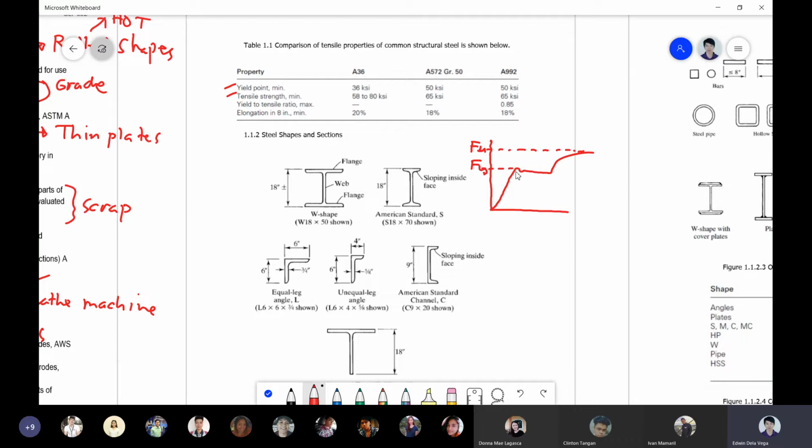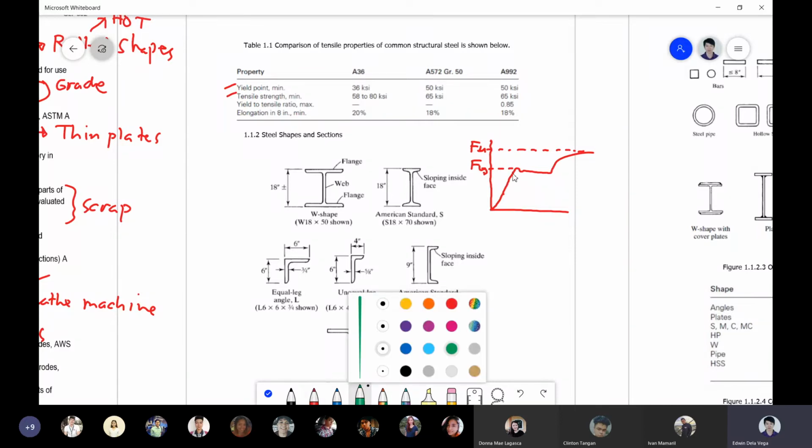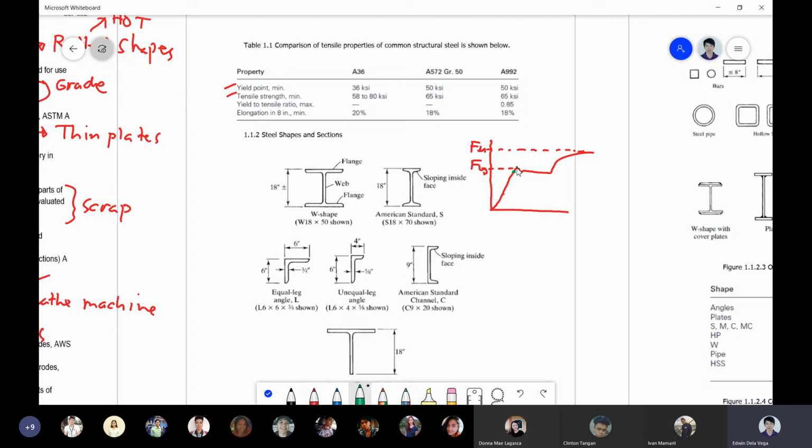This is the elastic proportional limit. Okay, you have the elastic limit there, and you have a second yield here, and then you have here a plastic stage, and then you have your strain hardening. Okay, so we have here the proportional limit. Somewhere here is the proportional limit, somewhere there is the yield point. Okay, so that's the yield point. The first time it yields, then you have here a proportional limit.